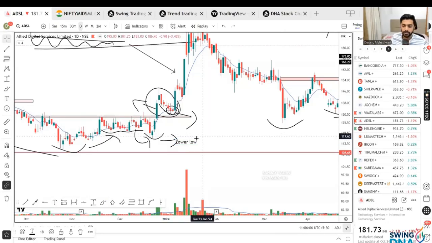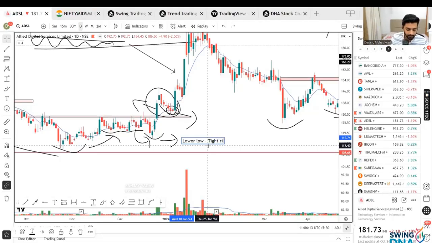So a lower low can eventually get corrected. Either it can get corrected instantly by way of a very tight right side before breaking out, or after breaking out it can make another higher low.